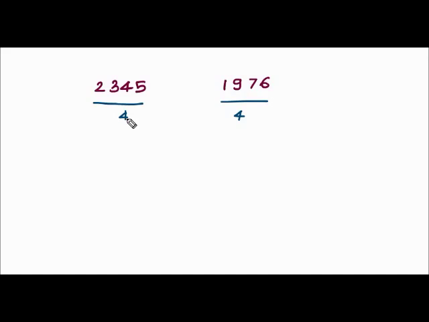We start from the leftmost digit of each number. The leftmost digit of the first number is 2. The leftmost digit of this number is 1.